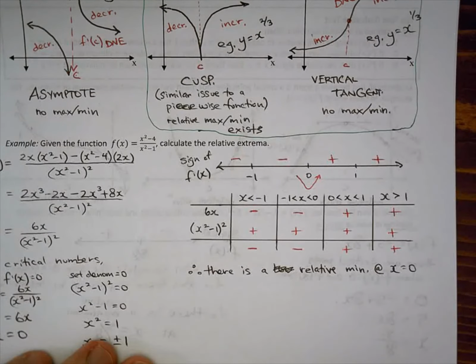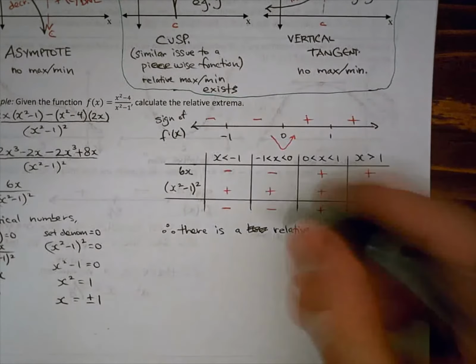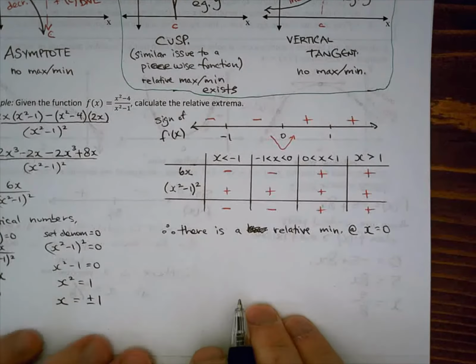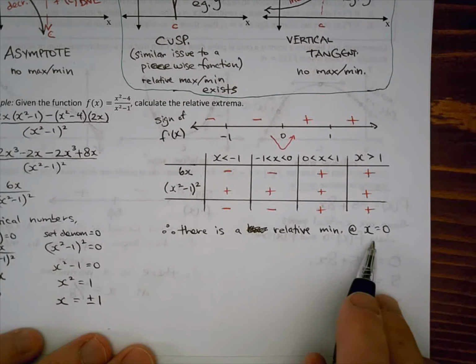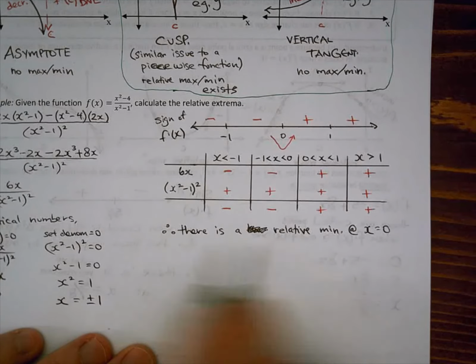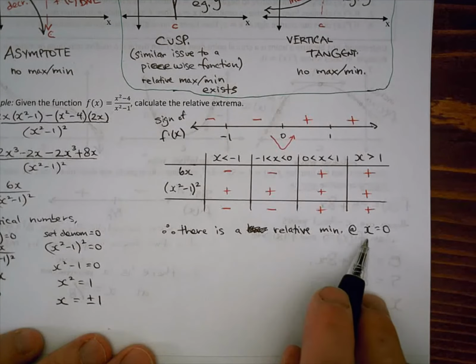Now, you may be wondering, how is the rest of this chapter going to go? Well, I can give you a little preview here. We know there's a relative minimum at x equals 0. We don't know where the actual point is on this function.